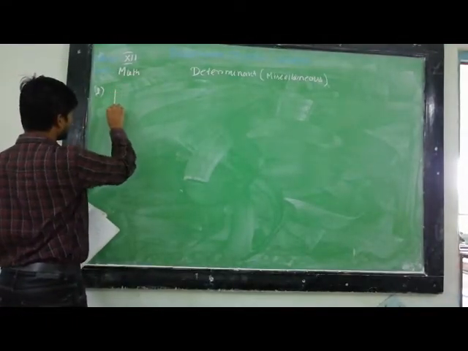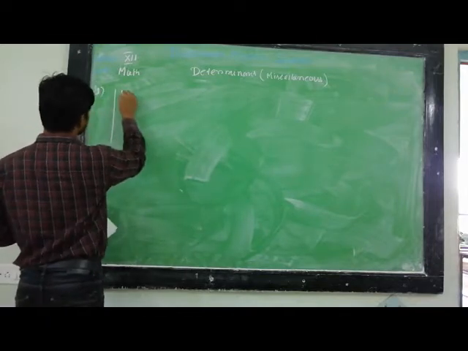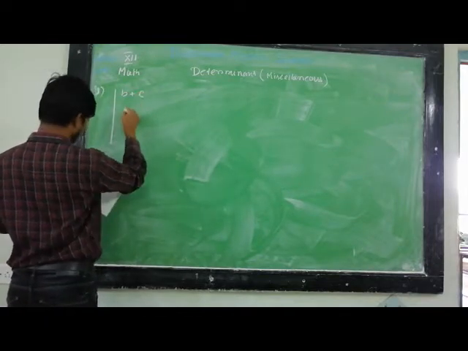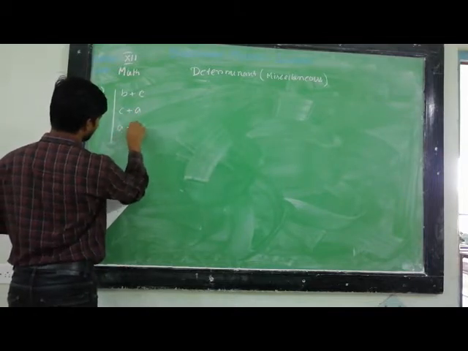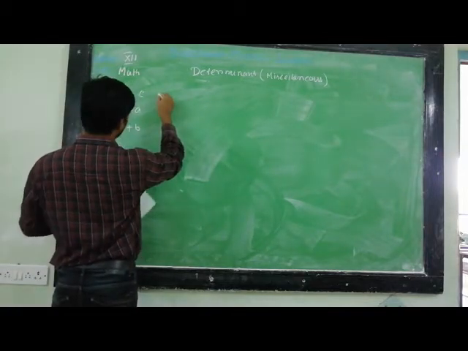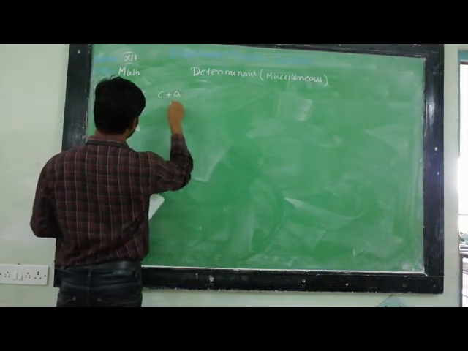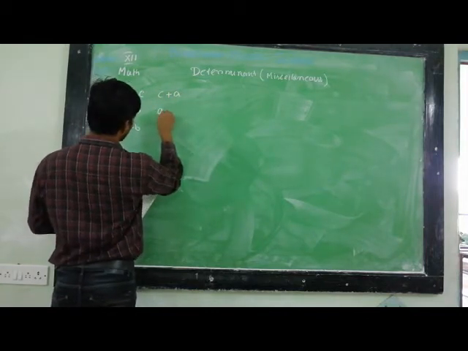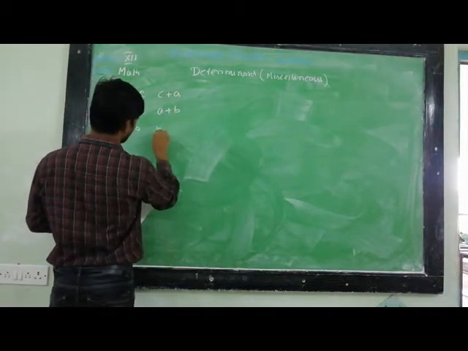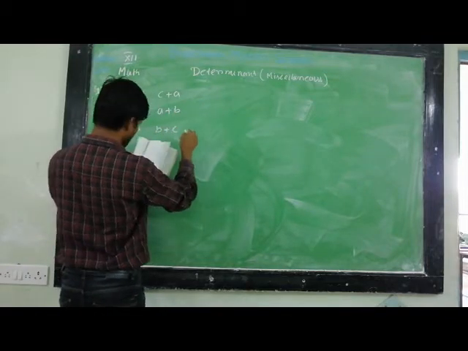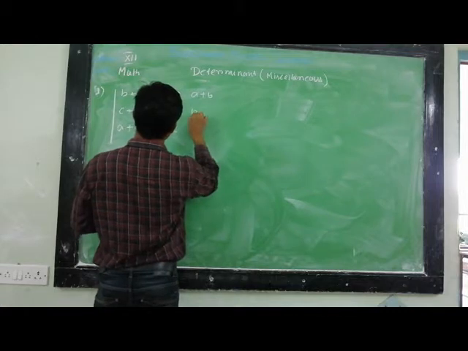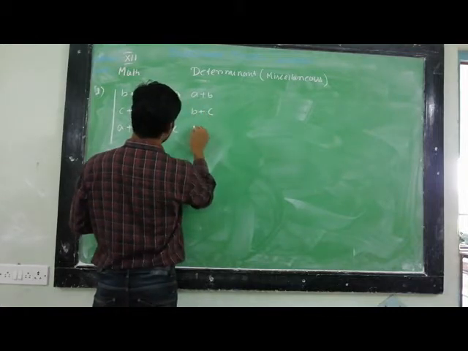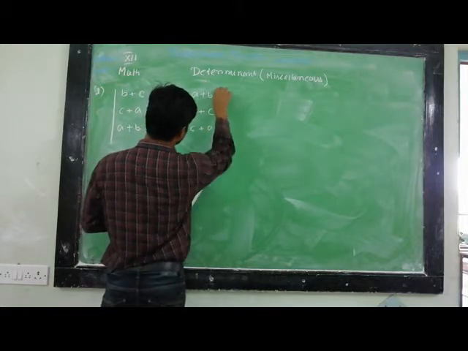So the given determinant is b plus c, c plus a, a plus b; c plus a, a plus b, b plus c; and the third column is a plus b, b plus c, and c plus a.